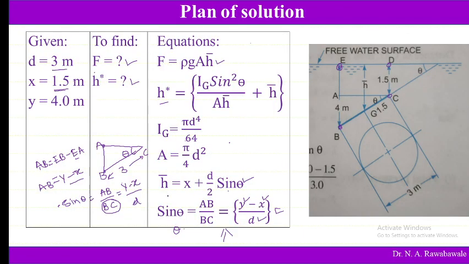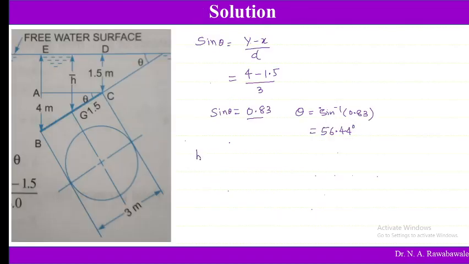Now we can find h bar, that is the distance of the center of gravity from the free surface. h bar is given by x plus d divided by 2 sine theta. So the x value is known, that is 1.5, plus the d value is 3 meters divided by 2, into sine theta, which we know directly is 0.83.